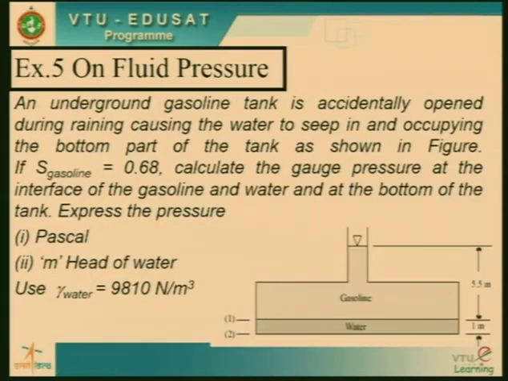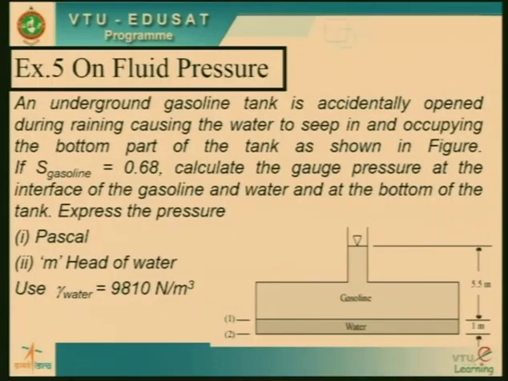Let us take the next question. It is a very interesting problem. In this case, an underground gasoline tank is accidentally opened during raining, causing water to seep in and occupy the bottom part of the tank as shown in the figure. It means there is gasoline, or say petrol, and by mistake that bunker was open.